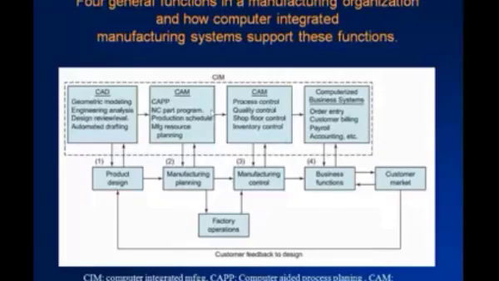So this diagram is fundamental to understand CIM, but in the current scenarios, it should be changed. I will try to change this diagram to the current scenarios when I teach you the Industry 4.0 concepts, inshallah.